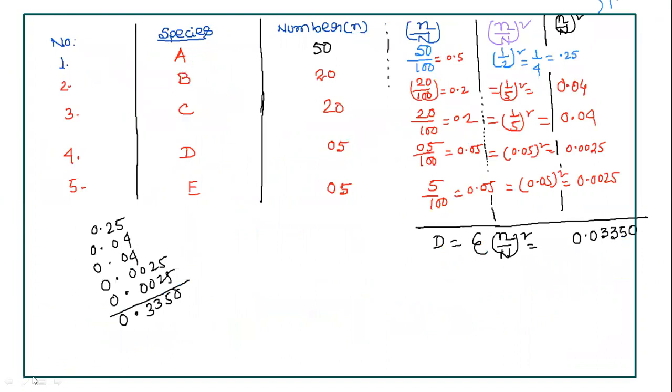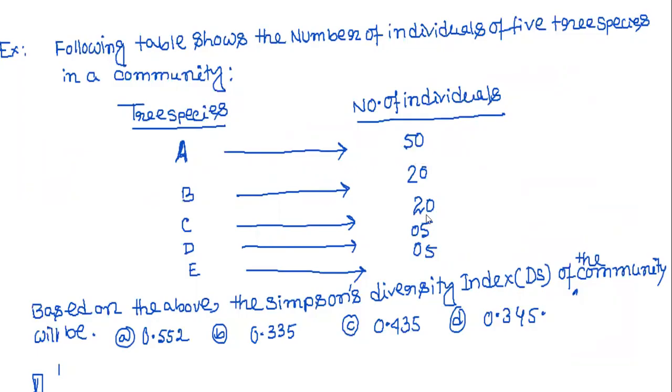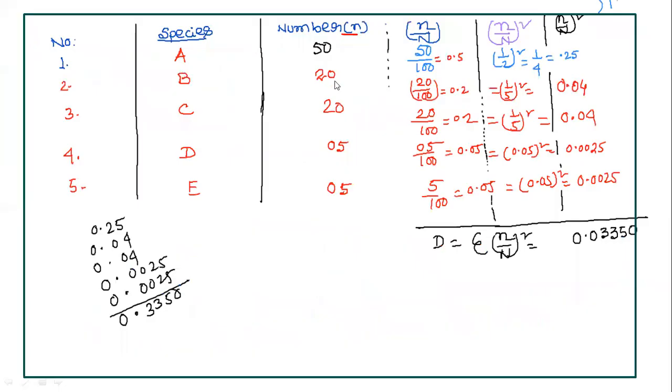Now small n is the number given, here 50, 20, 20, 5, 5, right? We have written all the numbers given in the question paper. Now small n by capital N. What is capital N here? Capital N is 100: if you add, 50, 20 makes 70, 20 makes 90, and 10, that is 100.